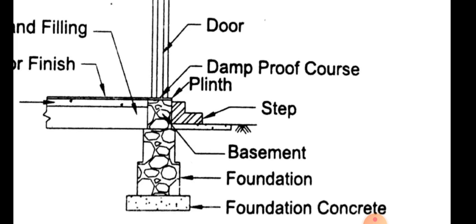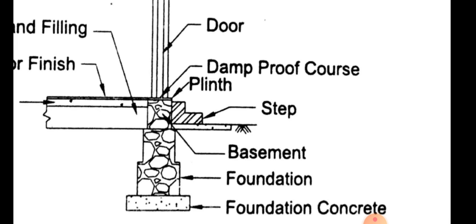It is the middle part of the building, above the surface of the surrounding ground up to the surface of the floor. The structure will have a floor, isn't it? So from the ground to the floor, that portion we call the plinth. And it is also sometimes called the basement.